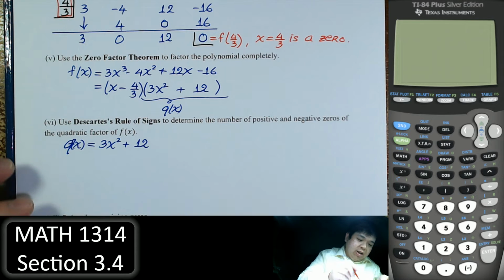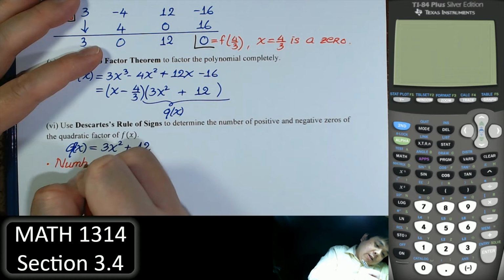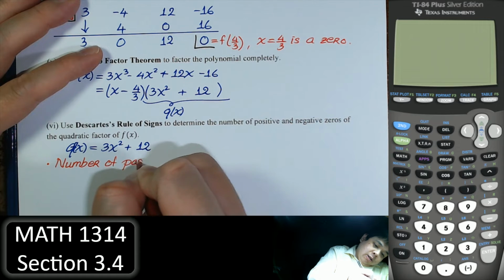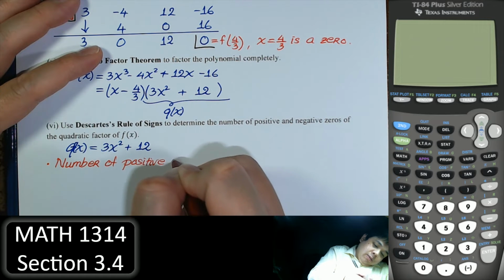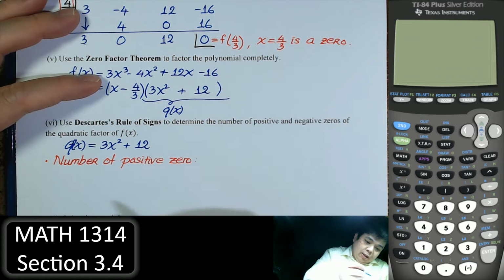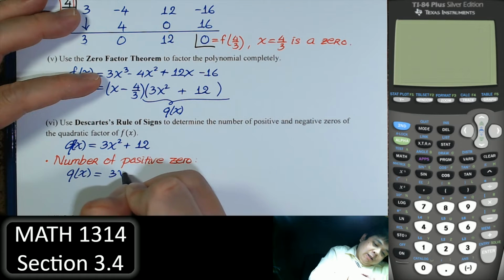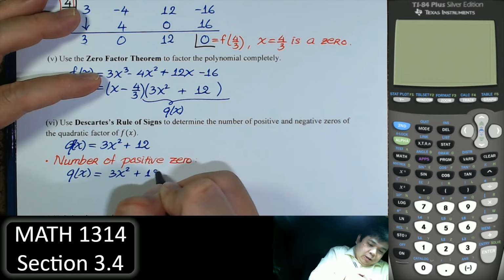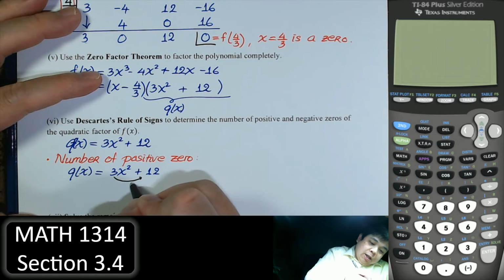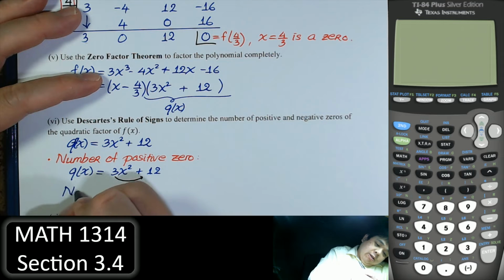Number of positive zeros. Let's write that again. There's no sign change, so no positive zero.